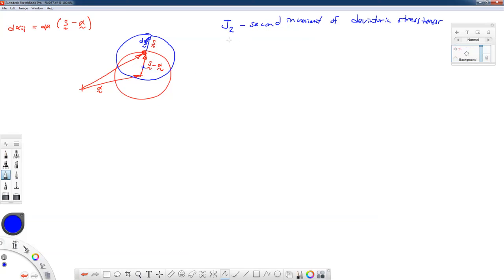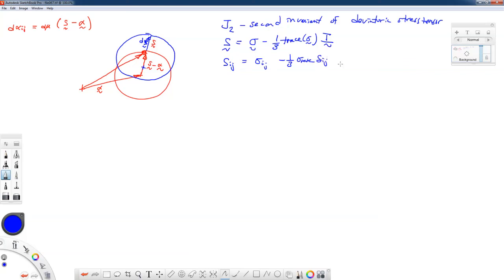And the deviatoric stress tensor S can be defined as sigma minus 1/3 the trace of sigma times the identity tensor, or if we want to express it in a different way in index notation, Sij is equal to sigma ij minus 1/3 sigma kk Kronecker delta ij.